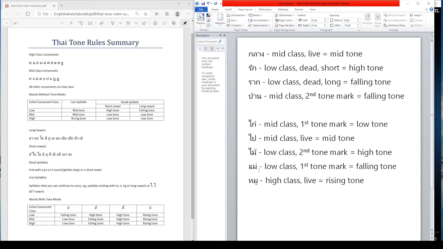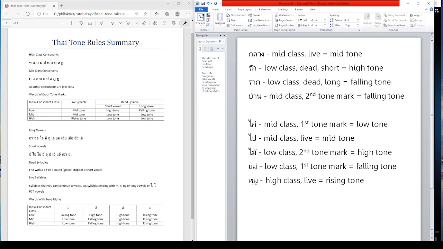Me, which means mother. Again, it's the ma, the low class consonant, and the first tone mark, which gives us a falling tone. And finally, the one we covered in the last video, this word is mu, which means pig. And although the sound of the word is the M, the ma, we've got this silent hor heap at the front.